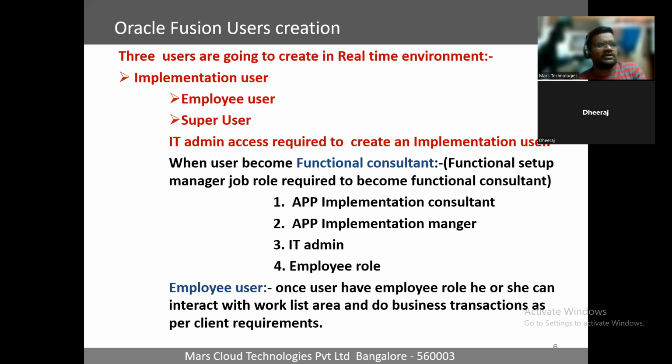Along with it, for example, if you want to do transactions in inventory, we require some major roles: warehouse manager, inventory manager, warehouse operator, receiving agent, shipping agent. So there are multiple roles required along with the employee role. If the employee role is not there, those things sometimes won't work. That is the reason the employee user always requires the employee role plus the rest of the other roles.